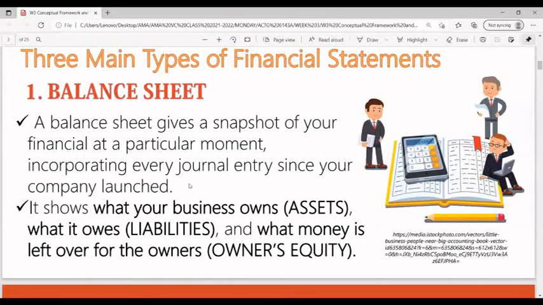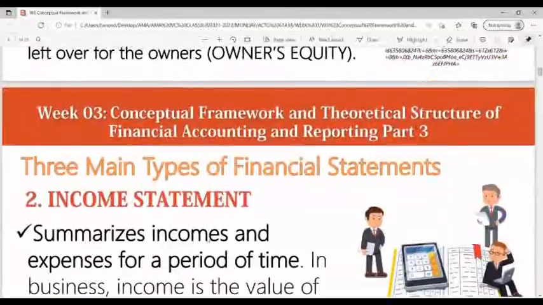I've discussed already the resources, which are the assets, the accountabilities, your liabilities, and your owner's equity, which is the capitalization that you start up your business operation with.